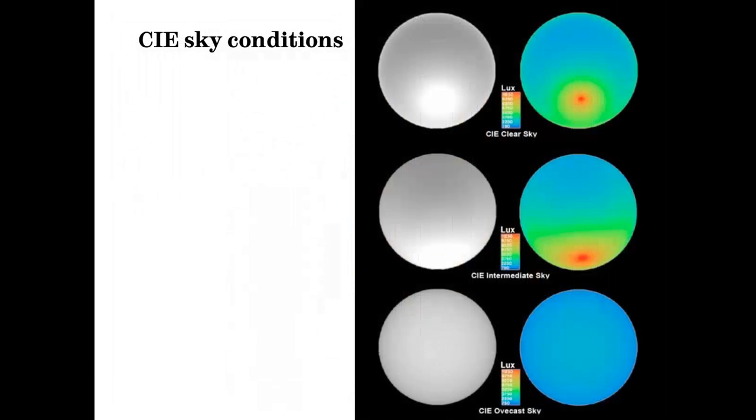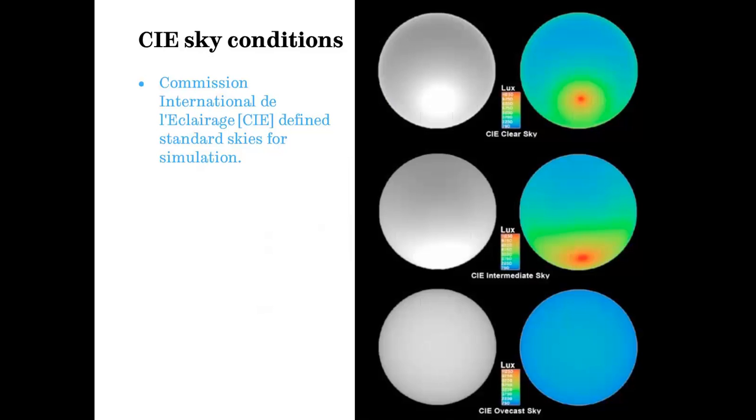Okay, CIE sky conditions. CIE is the Commission Internationale d'Éclairage. This is an international commission for defining standard skies for simulation. And the CIE typically uses 3 types of sky. On the top we have the CIE clear sky.